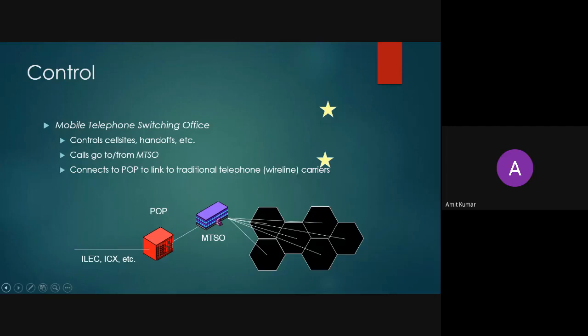This ILEC, IXC stands for carrier, so it's a local exchange carrier. This is your POP, point of presence. In this way, these different components are used to carry your information.